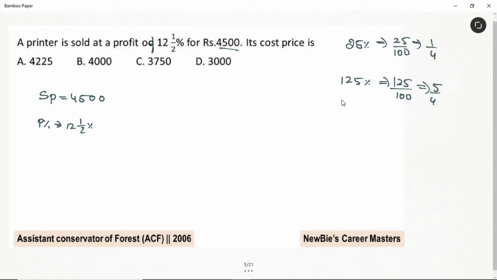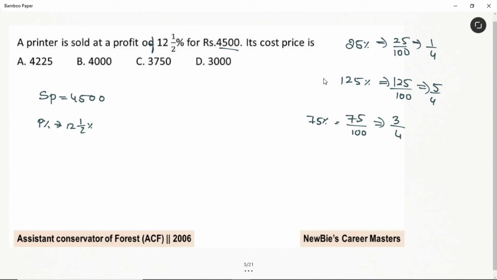25% loss: 100 minus 25, that is 75 divided by 100. We'll take it as 75%, which is 75 divided by 100. What is the fraction value? 3 by 4. Am I clear?